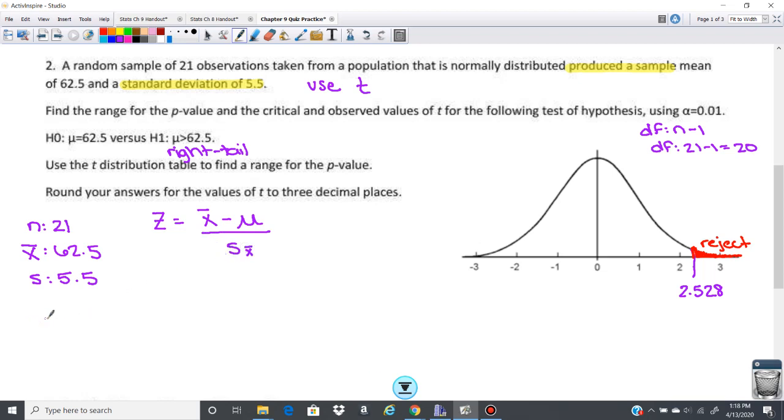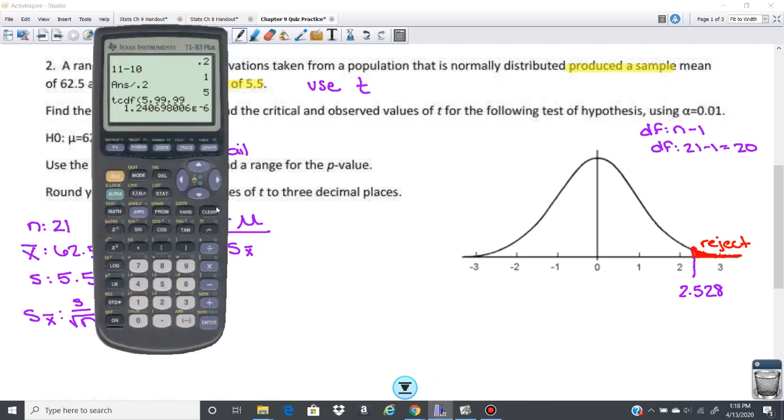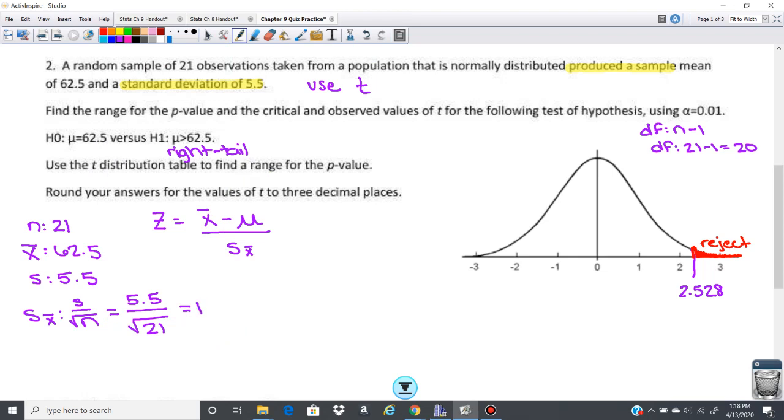Then the standard deviation of x bar is going to be the standard deviation over the square root of the sample size. Okay, so if I go ahead and do that, I'm going to get 5.5 over the square root of 21. And let's see what that gives us. So 5.5 over the square root of 21 gives us 1.2002.